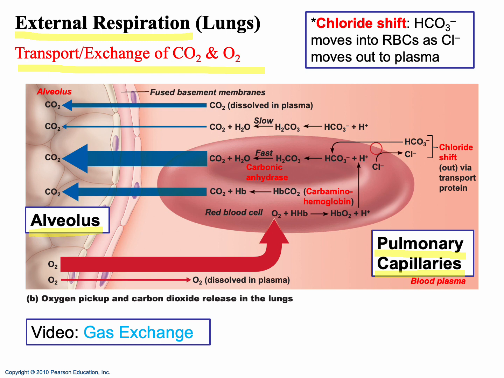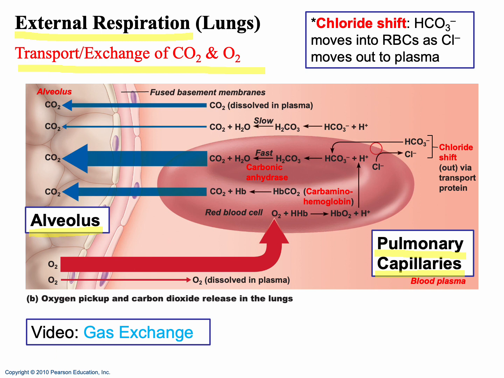The red arrows that you see here represent the movement of oxygen gas. The blue arrows represent the movement of carbon dioxide gas. And the thickness of the arrow represents the major methods by which the gases move.